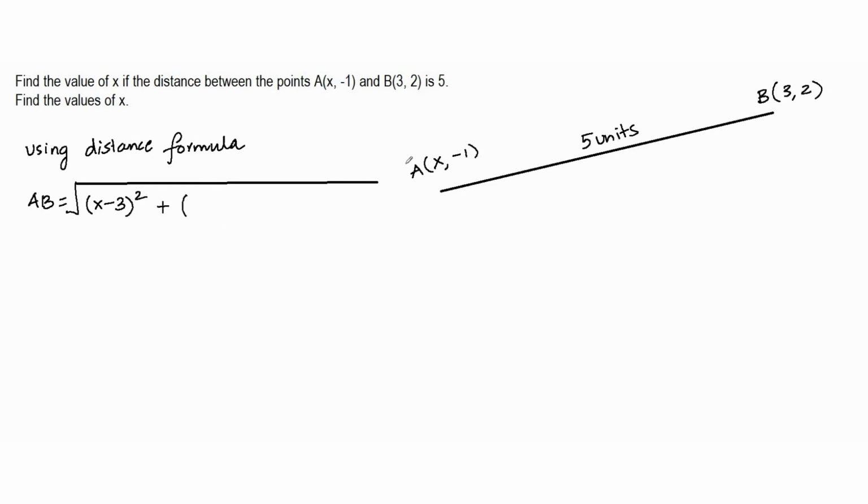Both seem to work fine. So I have taken x minus 3 the whole square plus minus 1 minus 2 the whole square. That's the difference between their y coordinates. So that's going to be minus 1 minus 2 the whole square. And this is nothing but under root of x minus 3 the whole square plus negative 1, negative 2 is negative 3.